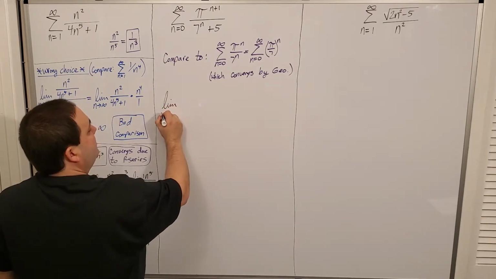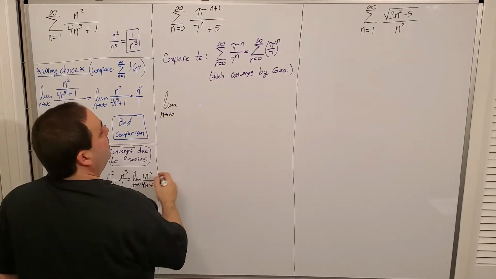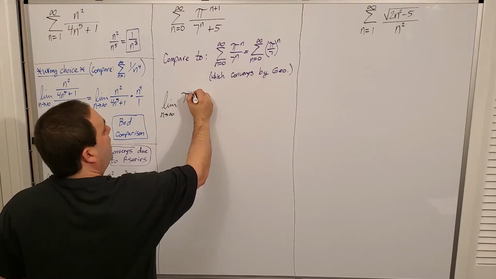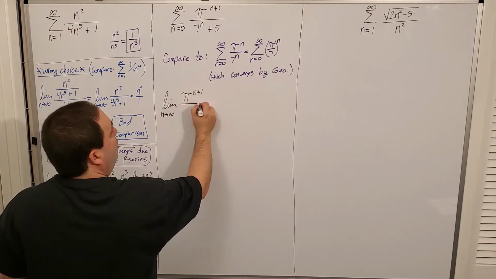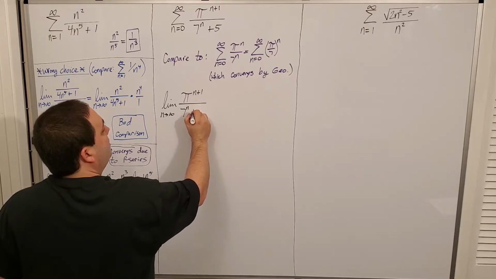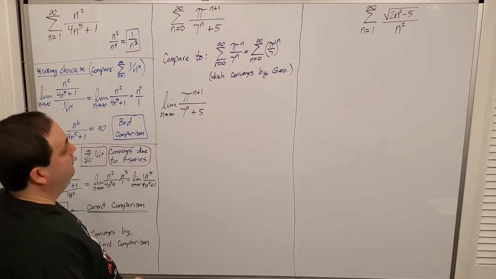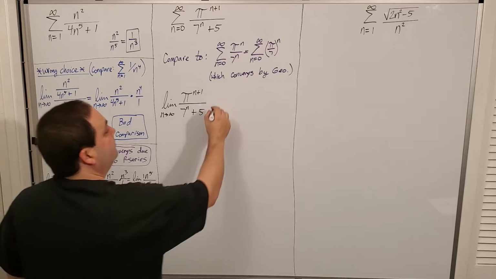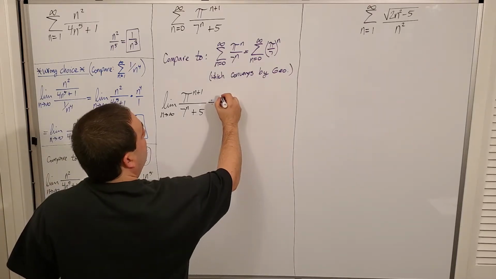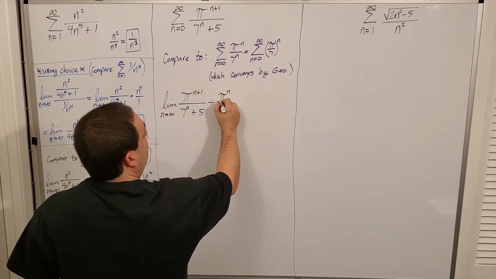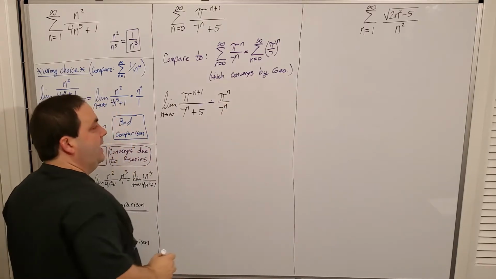Limit as n goes to infinity of pi to the n plus 1 over 7 to the n plus 5 divided by pi to the n over 7 to the n.